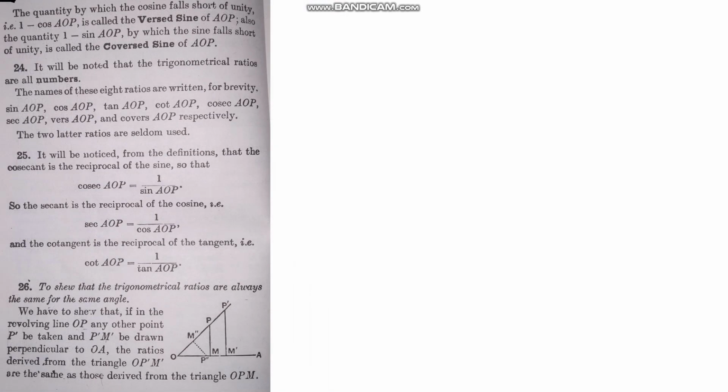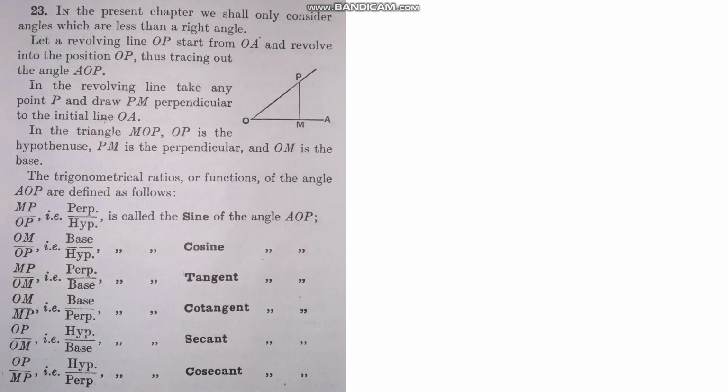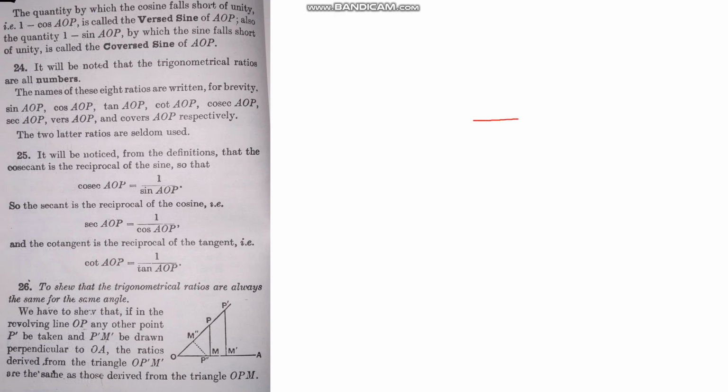The quantity by which the cosine falls short of unity, that is 1 minus cos AOP. If this is the angle AOP, 1 minus cos of AOP is the versed sine of AOP, and we call it vers AOP.